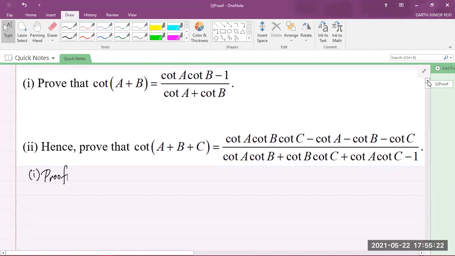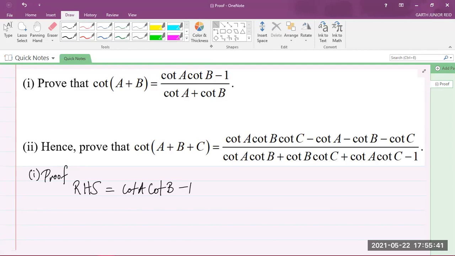So the right-hand side is equal to cot A times cot B minus 1, and I'm going to divide that by cot A plus cot B.